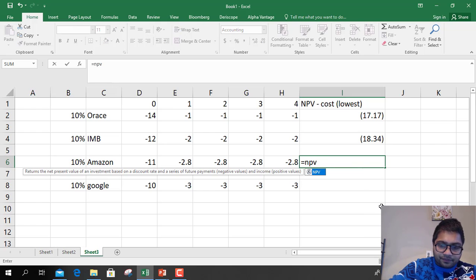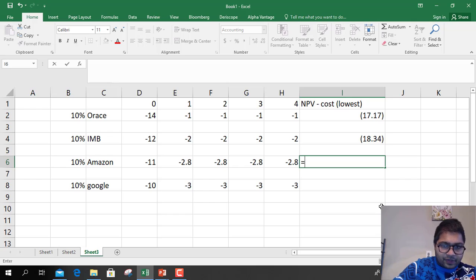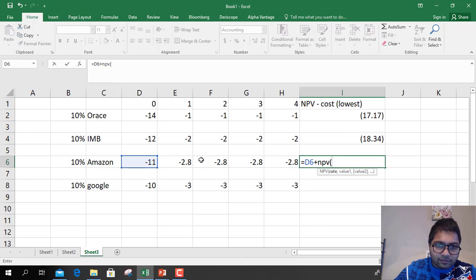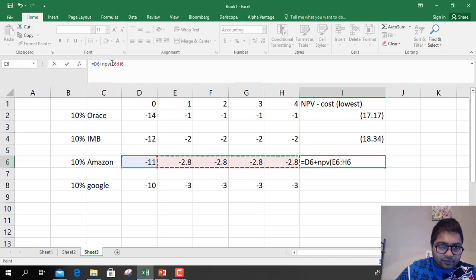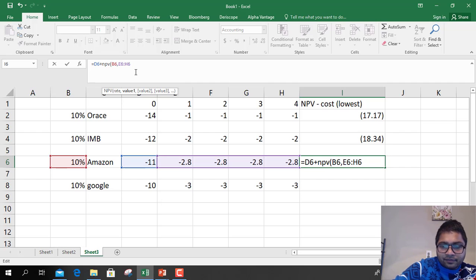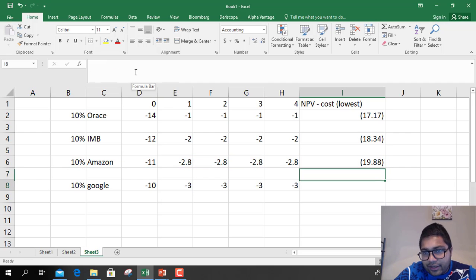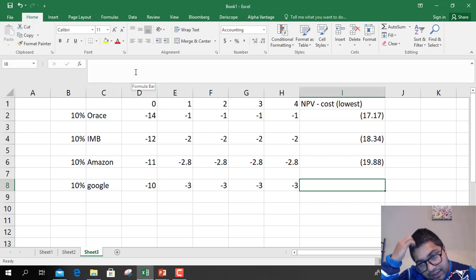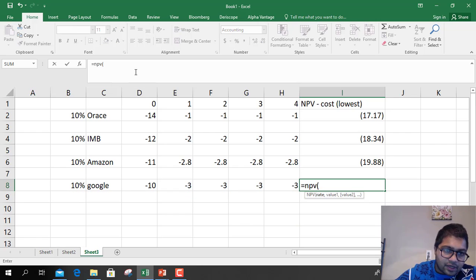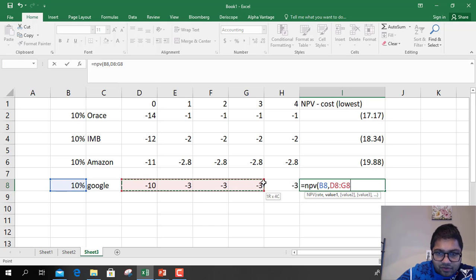Then NPV, sorry, cash flows in time 0 plus NPV for these cash flows at 10% interest. $19 is the cost of this project, and NPV at 10% interest, and these are the cash flows.